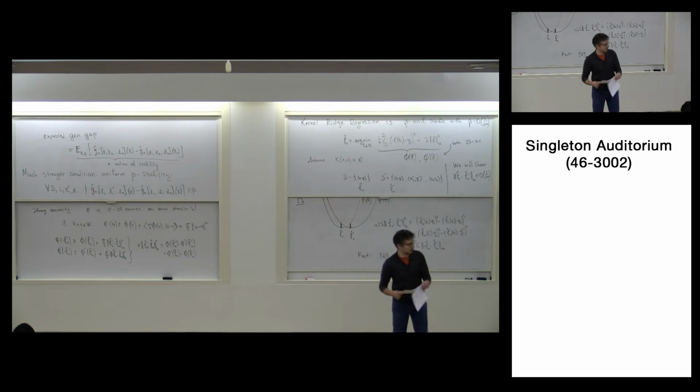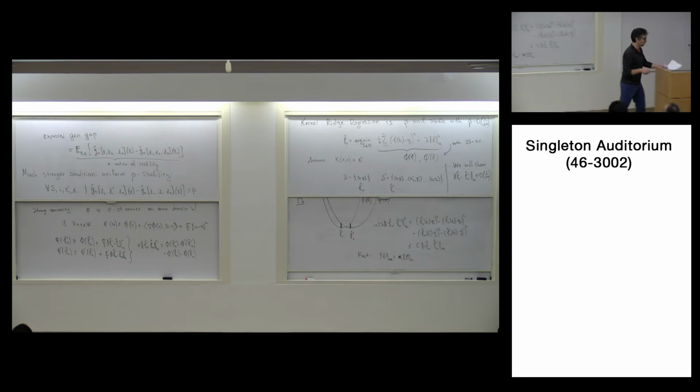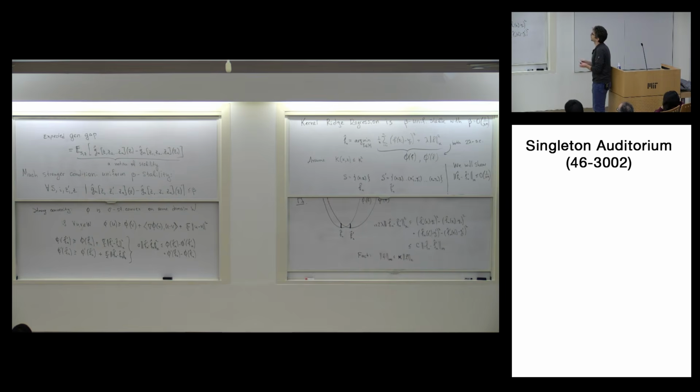So the bottom line is that kernel ridge regression, because of this regularizer, is a stable procedure in a very strong sense. When you change one data point, the functions don't change too much. And if that's the case, you would expect empirical close to expected. Now, is this the goal, to have empirical close to expected?